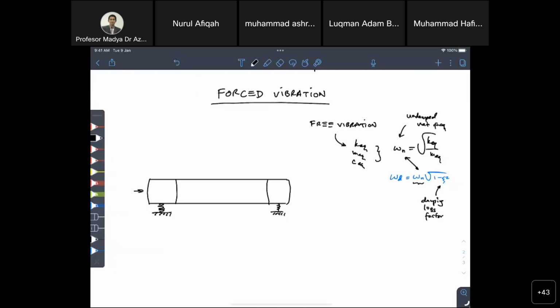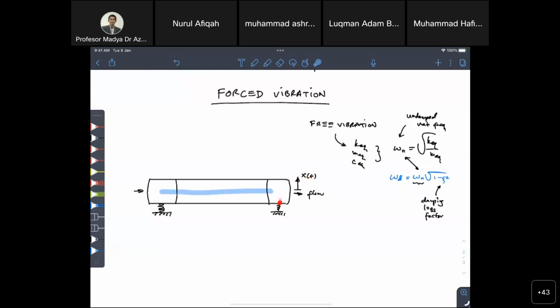So we have the flow of the fluid in that direction. Okay, so let's assume because of the flow of the fluid, the piping is vibrating vertically. Let's say the amplitude is x(t).